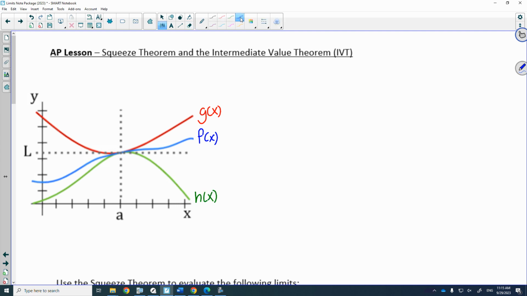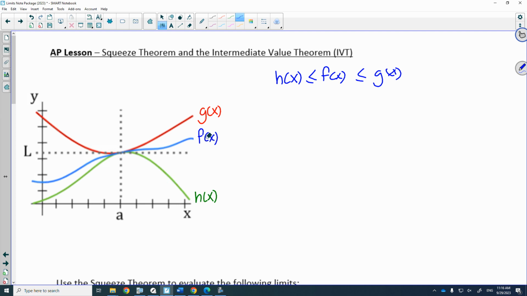So within my three functions, my h of x function is less than or equal to my f of x function, right? So f of x is greater than or equal to h of x, and f of x is less than or equal to g of x.